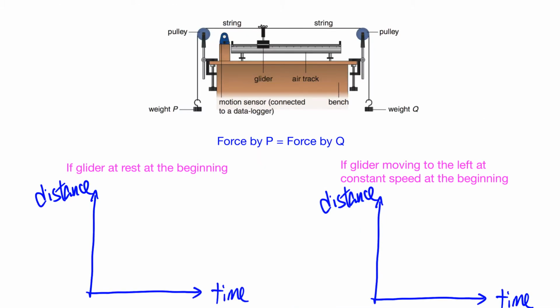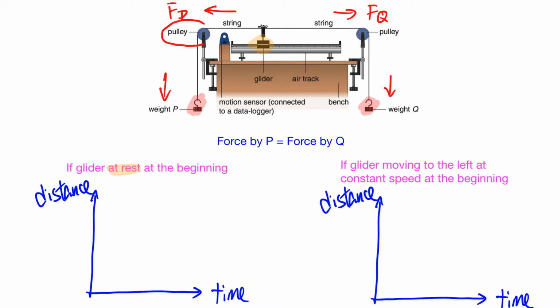In this case, we've got an object on a glider, on an air track. At the beginning it is at rest, and then we have 2 objects, P and Q, adding forces towards the left, force P and force Q. You may say, Mr. Wong, this one is going down, so why will the force be towards the left and right?